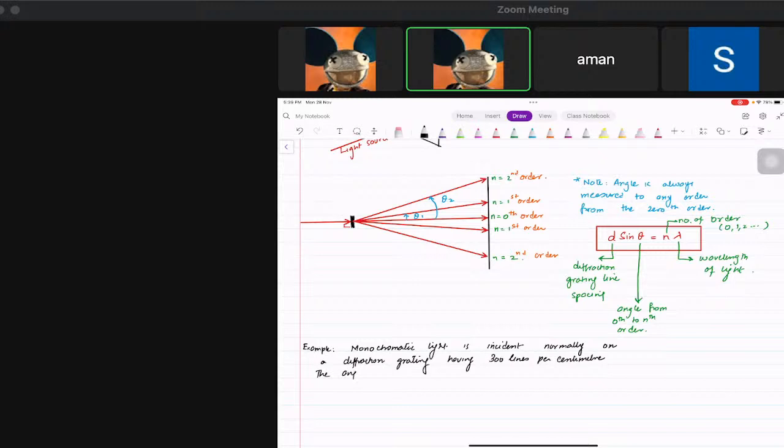The angle of separation of 0th order and first order is 10 degrees.